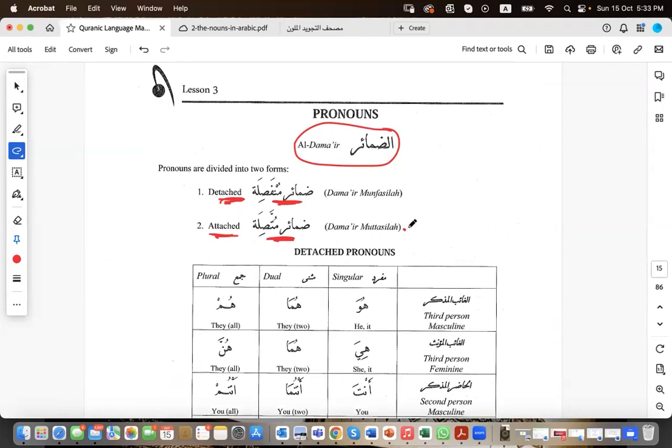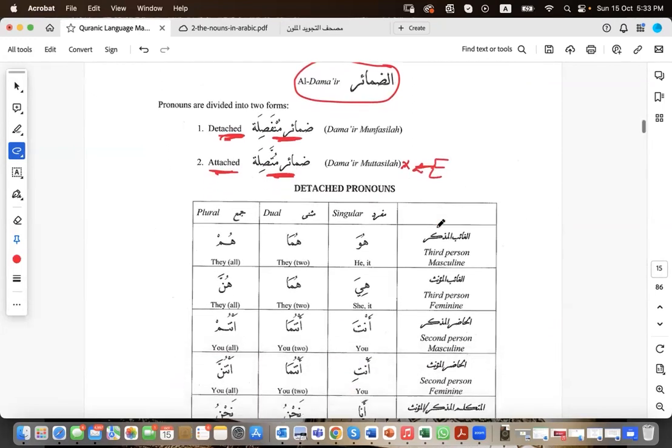When a pronoun is attached, it's going to be attached at the end of the word all the time. The functions of الضمائر المتصلة, the attached pronouns, differ. We have different functions, but we're going to talk about this in detail later on.